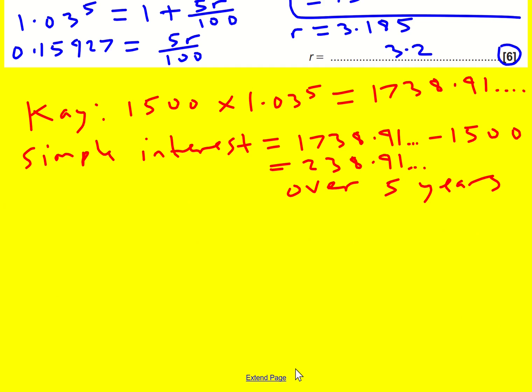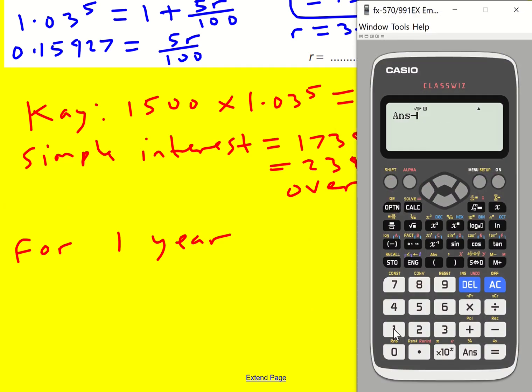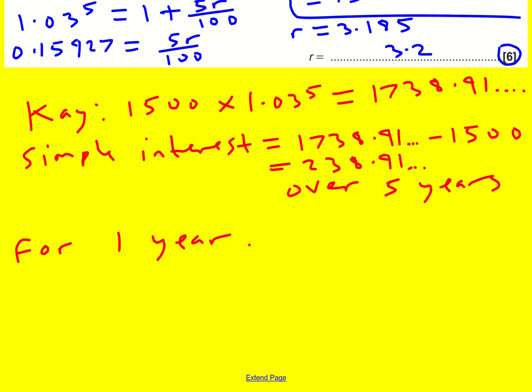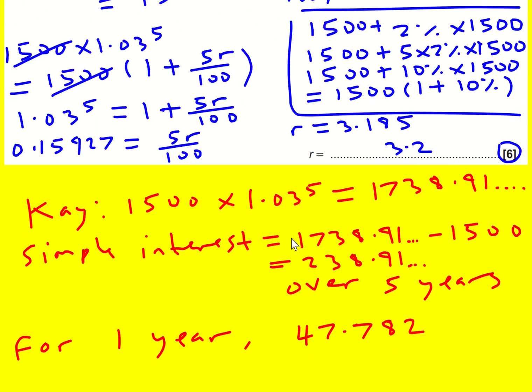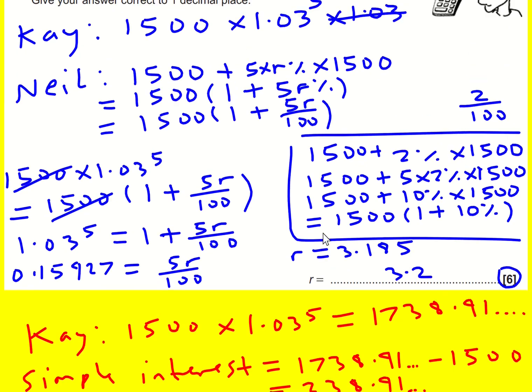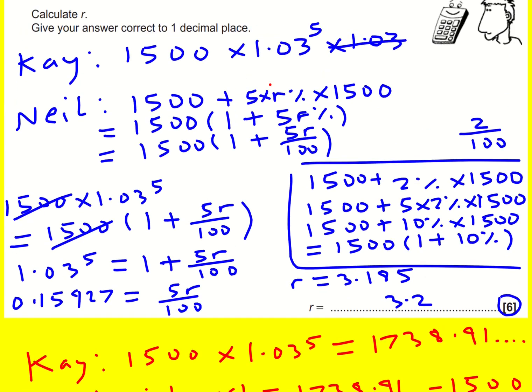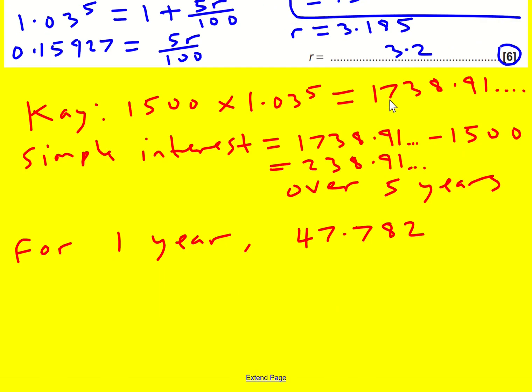So for 1 year, I'm going to have to divide it by 5. And I'll get 47.782. Now I just need to remember, how do I work out my simple interest for 1 year? If you remember, it was R% times 1500. That gave me my simple interest for 1 year.